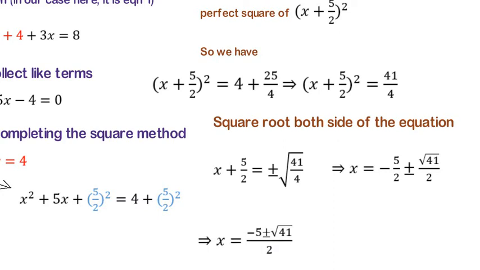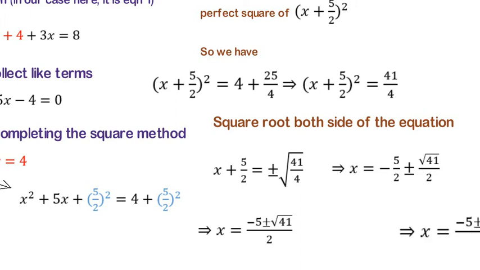So we have x equal to (−5 ± √41)/2. We have x equal to (−5 ± 6.403)/2.